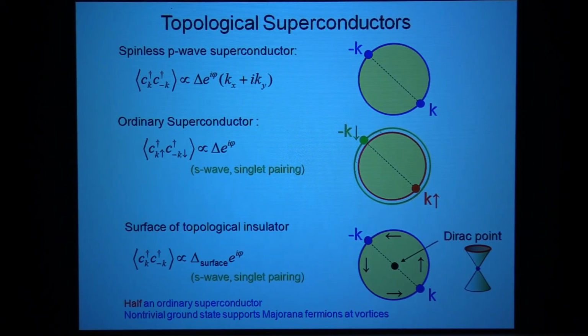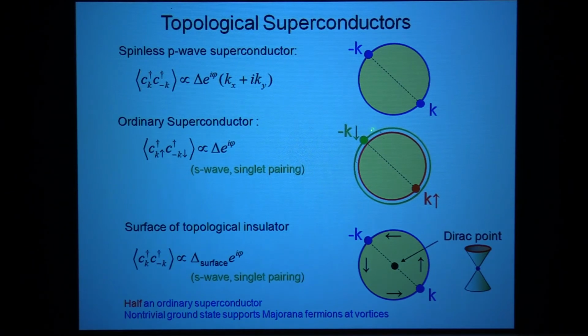Now, an ordinary superconductor is different from this, because an ordinary superconductor has spins up and down, which are paired into a singlet. An ordinary metal has two Fermi surfaces, one for the up spins and one for the down spins, paired to each other in a singlet, and that's sort of like two copies of this, and that is not a topological superconductor.